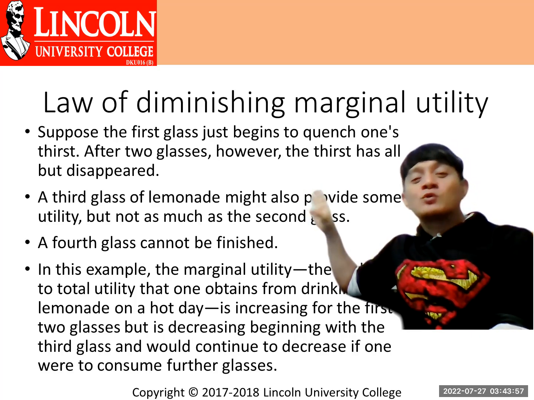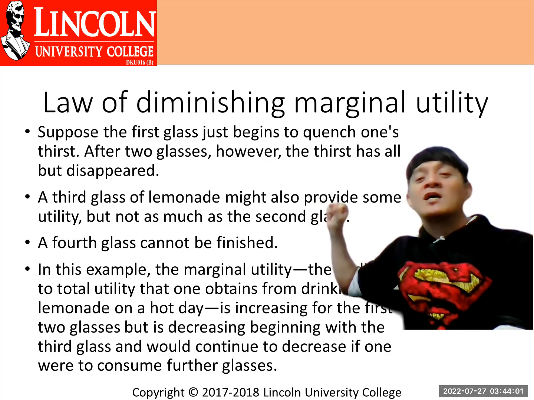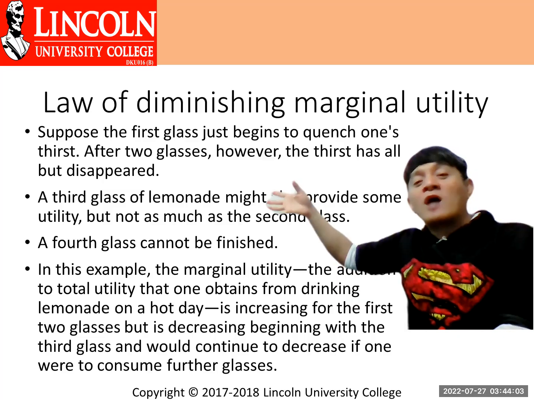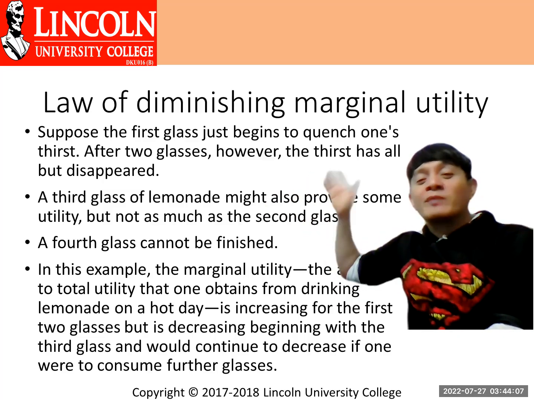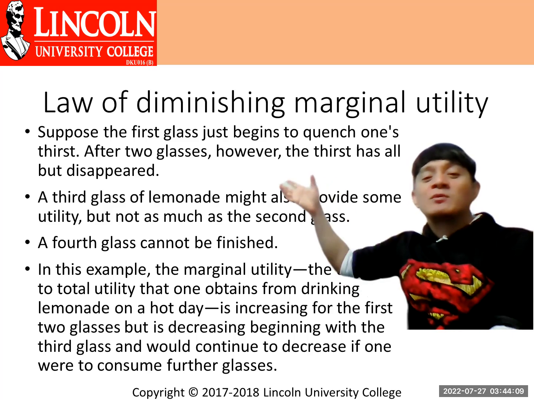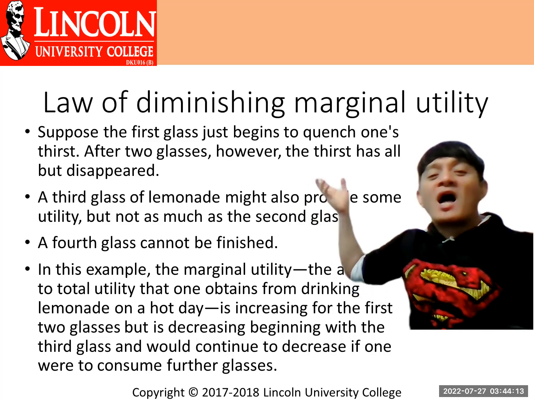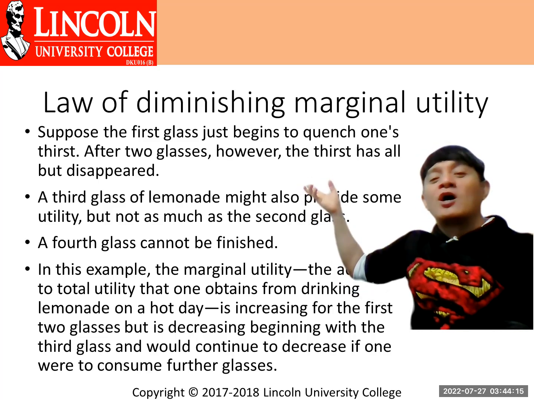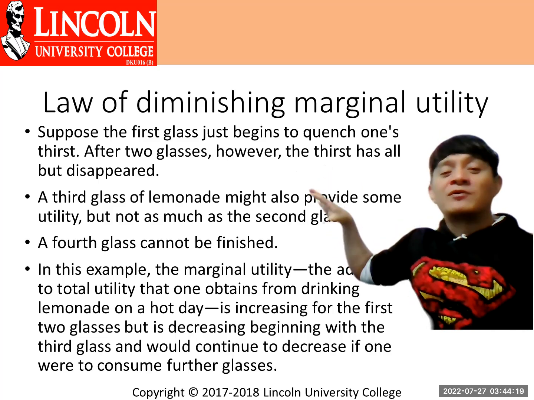The first two glasses can be expensive. That's called the marginal utility because you're using utilities: you're using water, glass, and lemonade. Those are tangible resources that you're using up. The first two are so expensive because the person is really thirsty.